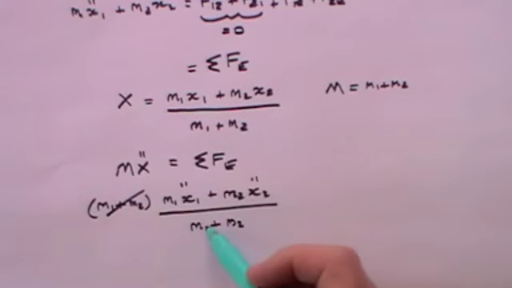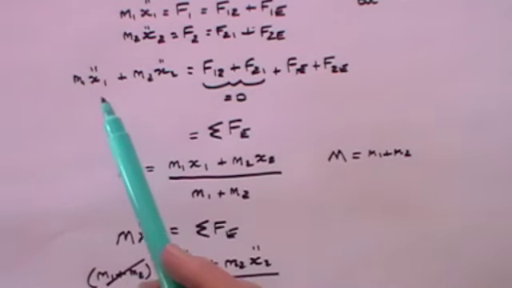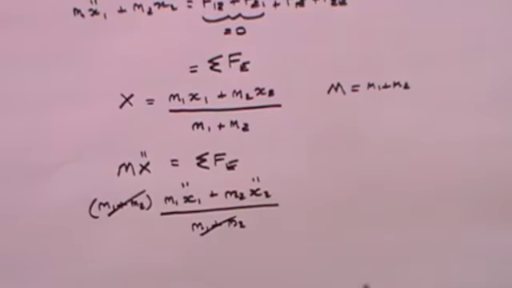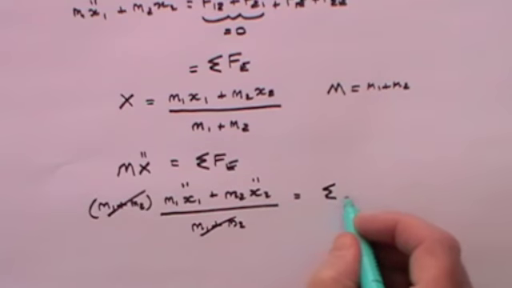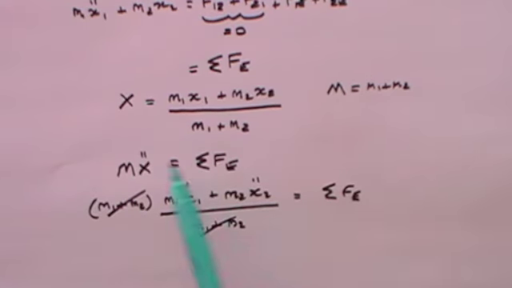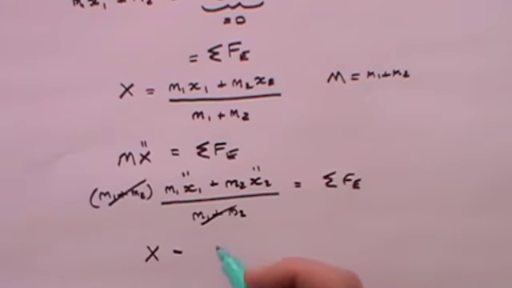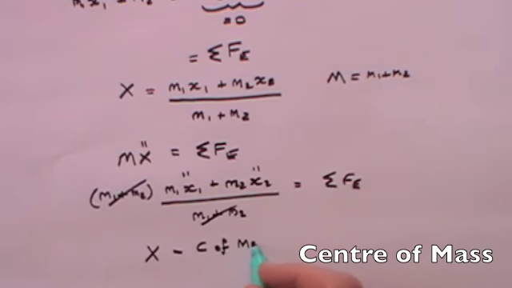You can see that the m1 plus m2 terms cancel, and now we're left with m1 x1 double dot plus m2 x2 double dot, but that's what we had up here. And that, we said, is equal to the sum of the external forces. So capital M X double dot is equal to the sum of the external forces. And now we can reveal what X is. X is the position of what is called the centre of mass.